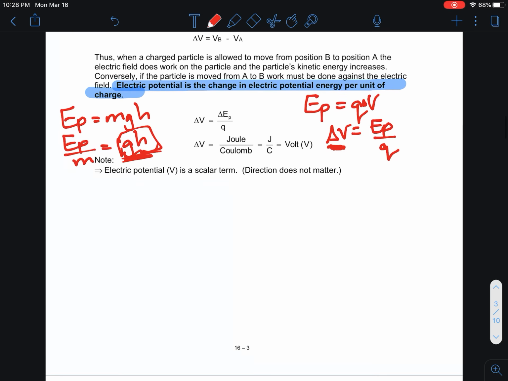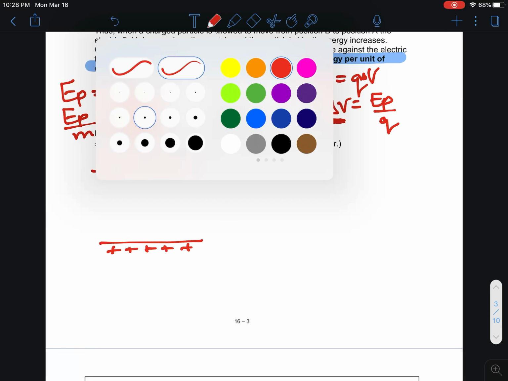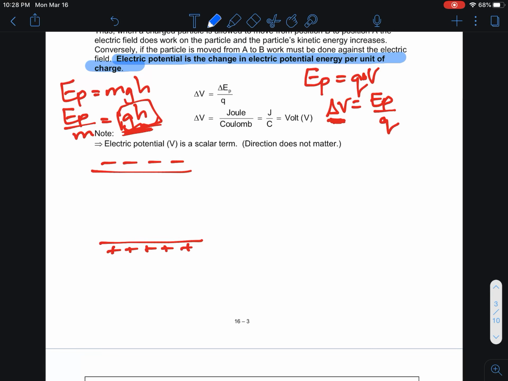So a couple more examples with this. And I really mean a couple more, promise. Let's make the top plate negative in this case and the bottom plate positive. And let's say that you've got two particles again. One of them is a proton, and it is sitting down here. And the other is an alpha particle, and it's sitting down here.